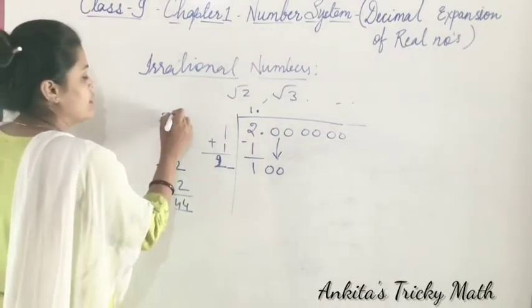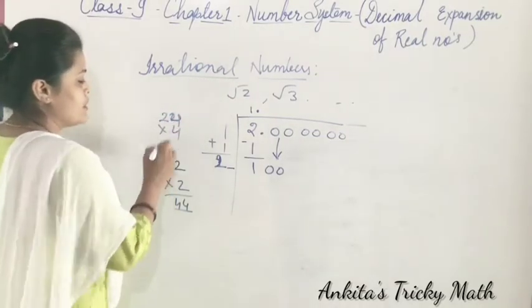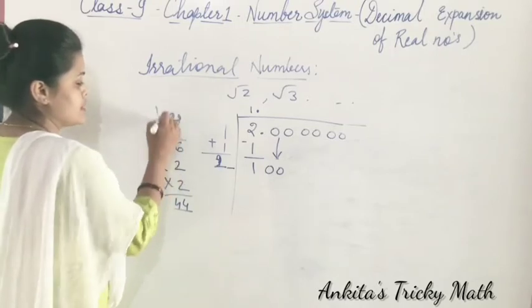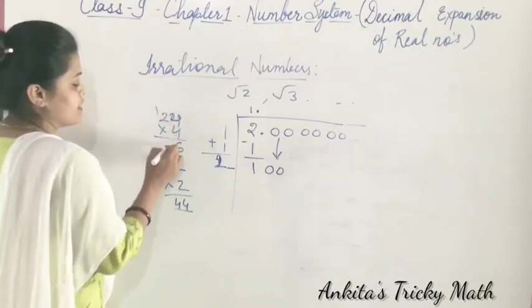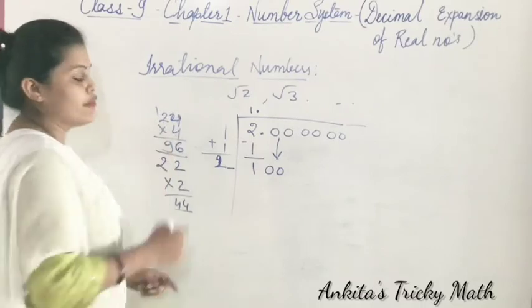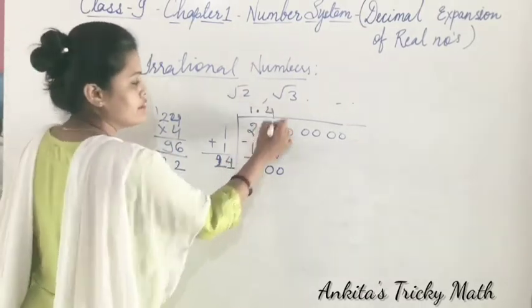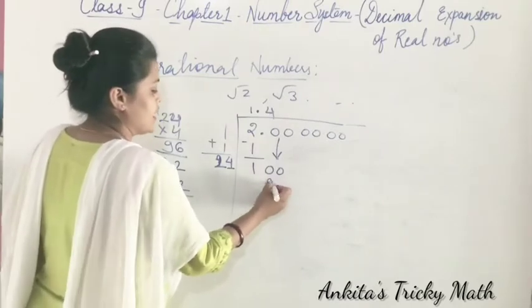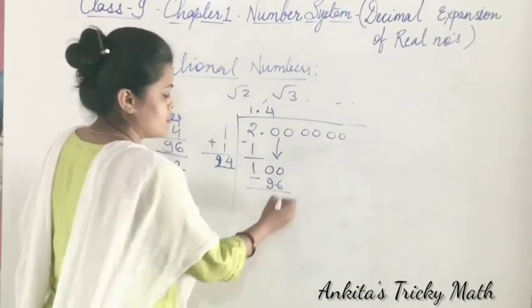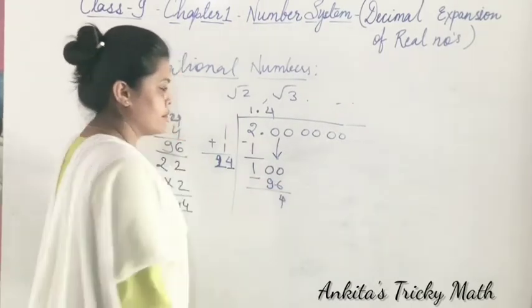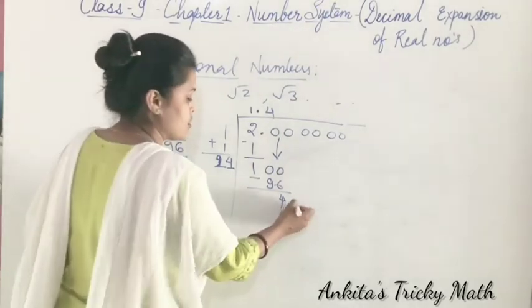So 24 into 4, 4 4s are 16, 4 2s are 8 and 1 9, 96. So 24 4s are 96, so we can put 4 here. Now we have to bring other 2 zeros.